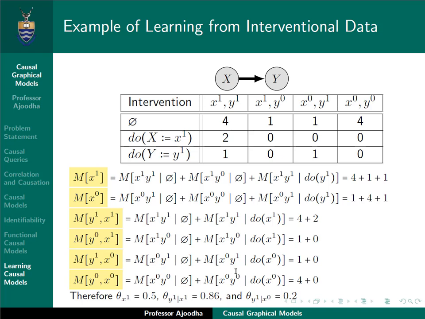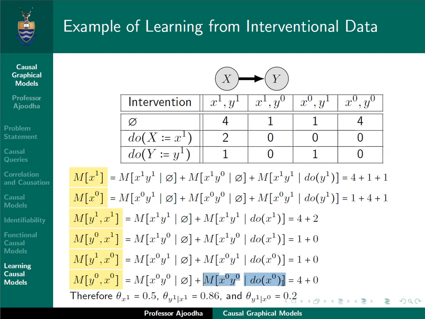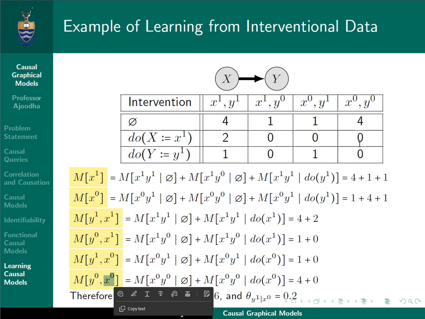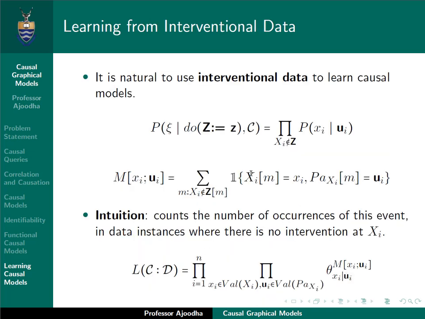And again, the last scenario is y0 x0, which is this one over here, where they occur naturally, which is the 4, and where we force the parent to take on x0, which is not the scenario here, so it becomes 4 plus 0. Okay, so this is basically the idea behind it. They're all following this formula, right? Just counting by keeping track of what's going on in the evidence.